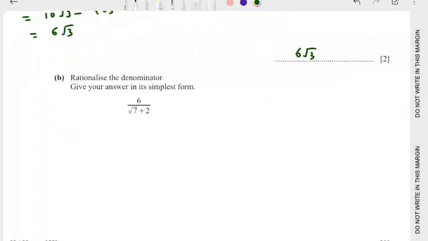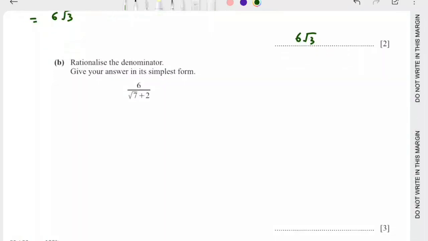Now the next and last part: rationalize the denominator, and give your answer in its simplest form. So we'll multiply the top and the bottom with the conjugate of this value, under root 7 minus 2. So under root 7 minus 2.